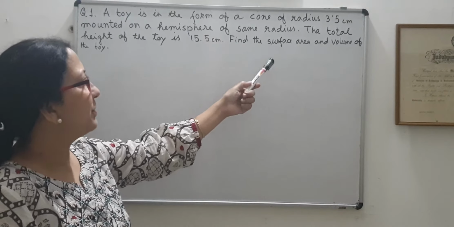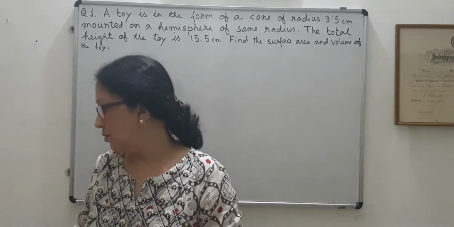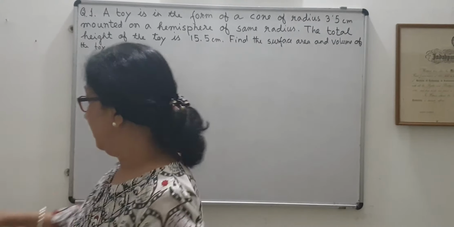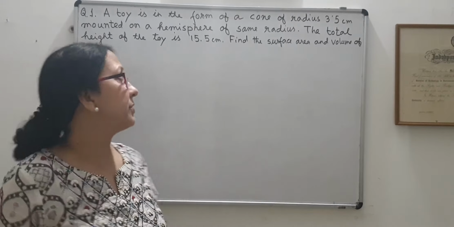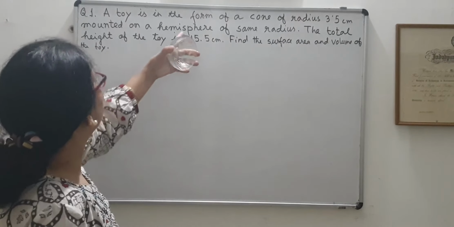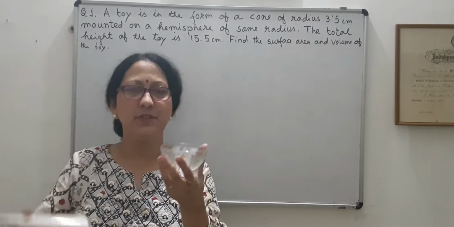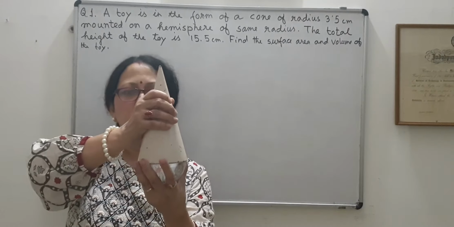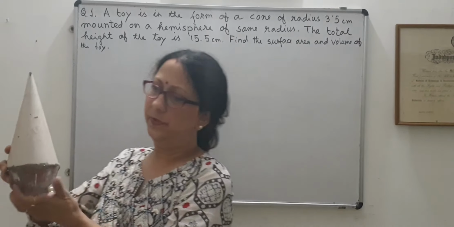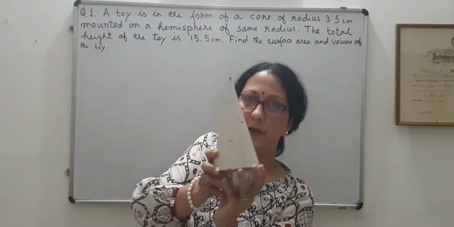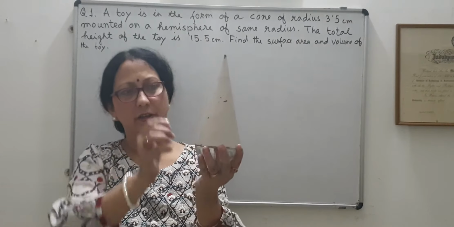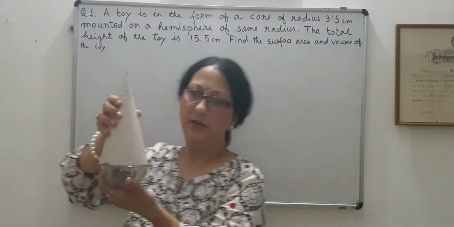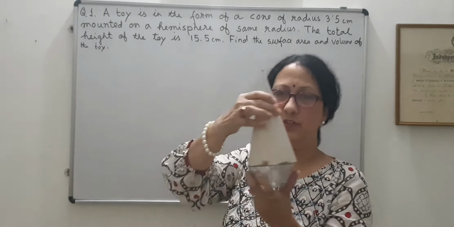You have to find the surface area and the volume of the toy. So it is like this. The toy is like this. Your cone is mounted on a hemisphere. So this is the hemisphere and the cone is in this way. This is your toy, a cone mounted on a hemisphere. This you can visualize.